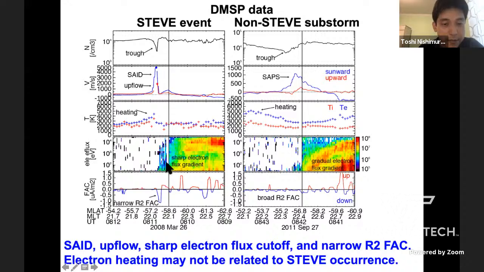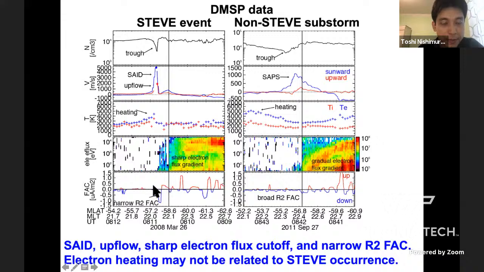Another thing to add is that there's a broadband electron precipitation going on. So that could be another source of heating. Either this contributes directly to emission, or heats the thermosphere and changes composition or transport to help create emission in the thermosphere. The last panel is field-aligned current.